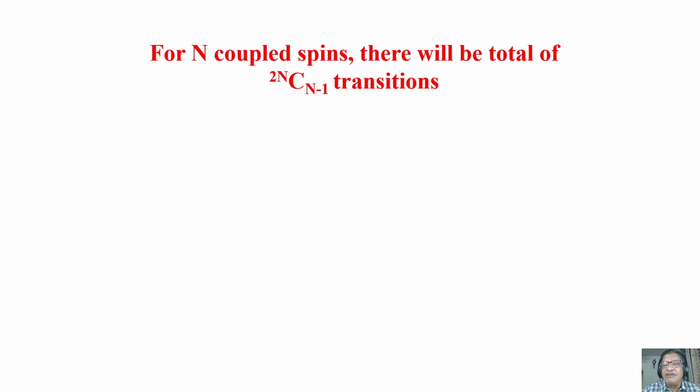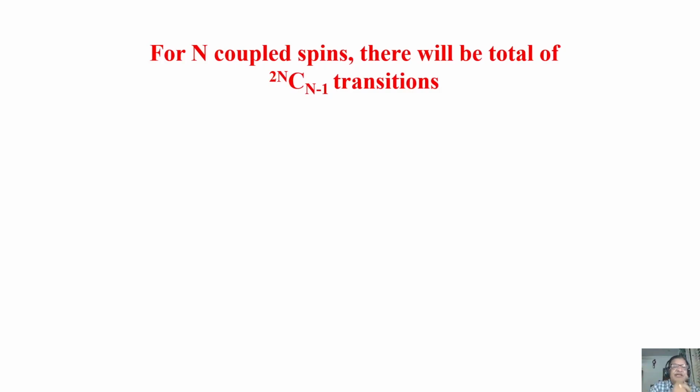Remember, we observed 12 peaks in the AMX spin system. In one of the classes, we found out all the possible energy levels, and we got 4 transitions for A, 4 for M, and 4 for X. And also we got combination transitions for 3. Totally we got 15 transitions.